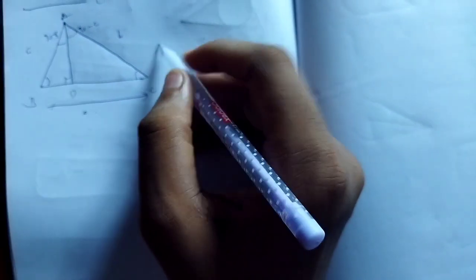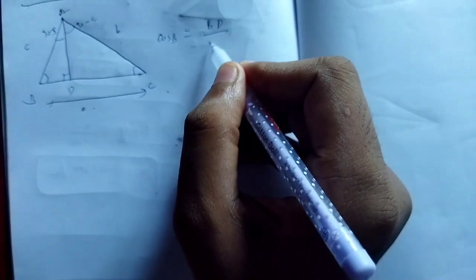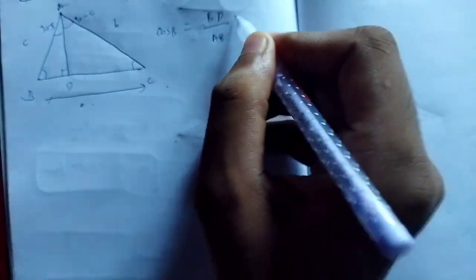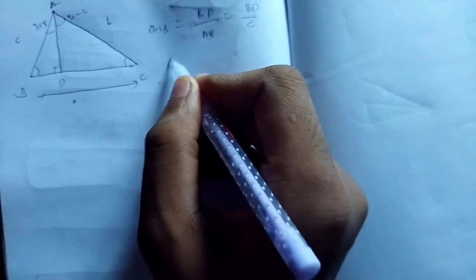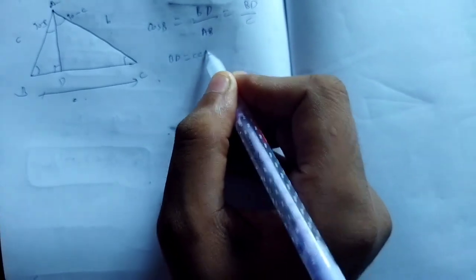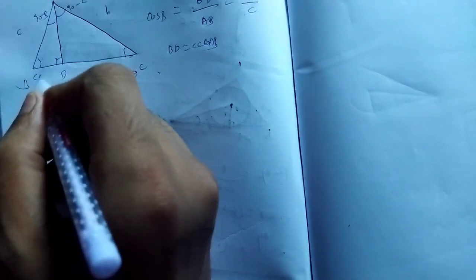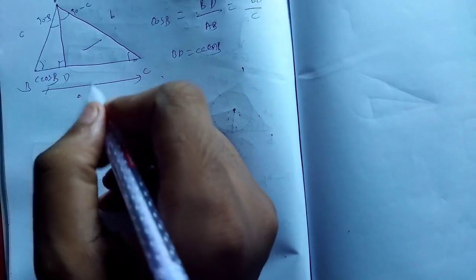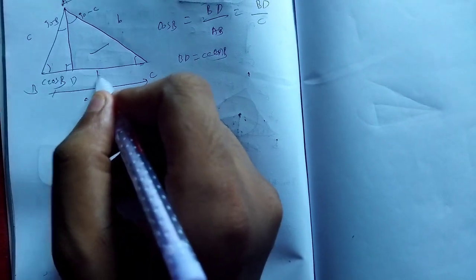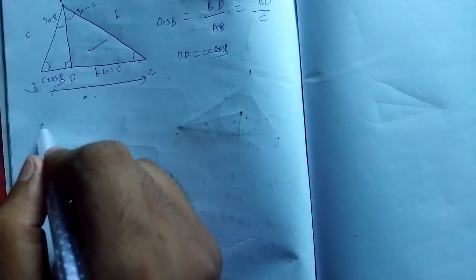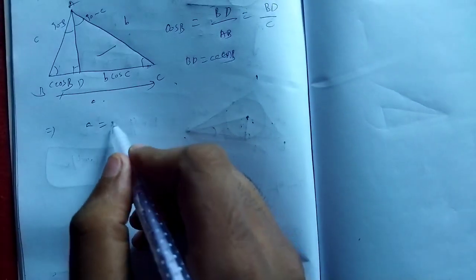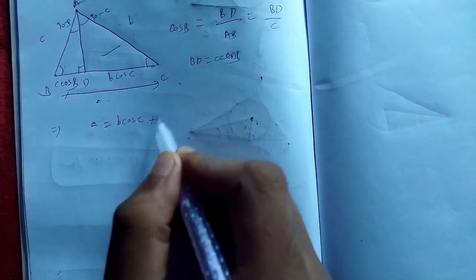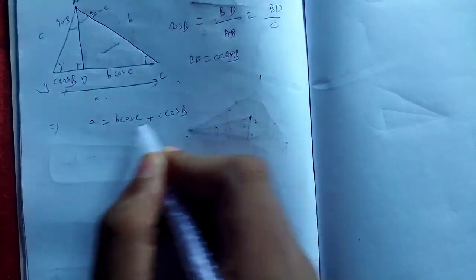From triangle ABD, we can find cos B equal to BD by AB. AB is nothing but c. BD equals c cos B. And similarly, in this right angle triangle, DC equals b cos C. So a equals b cos C plus c cos B.